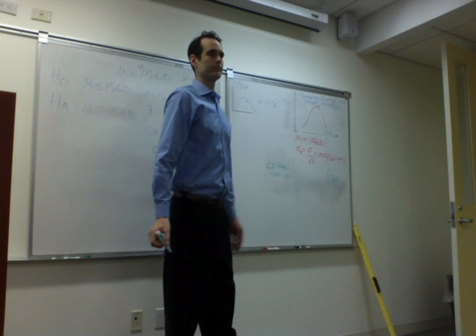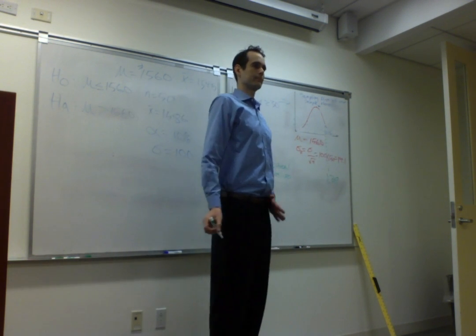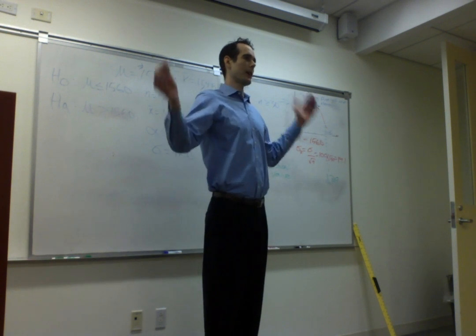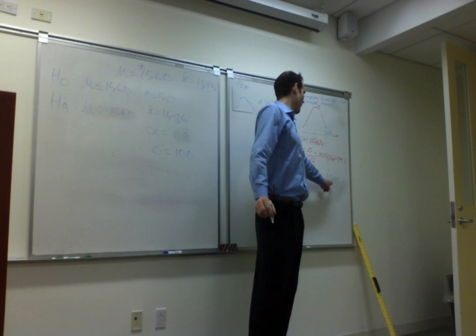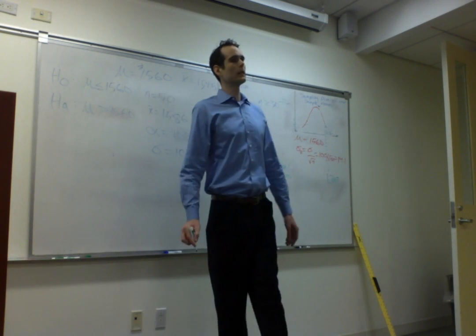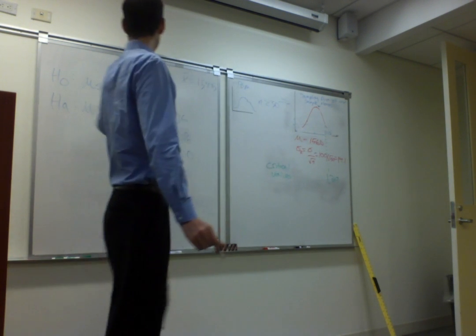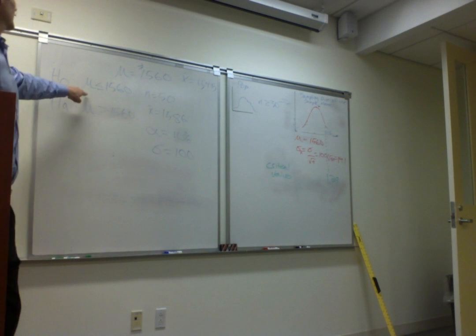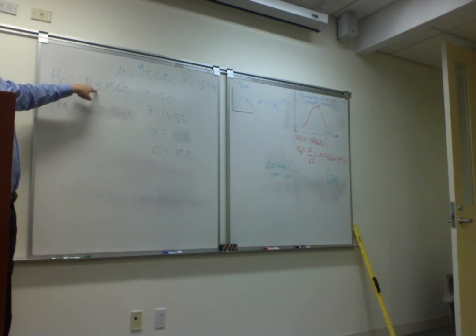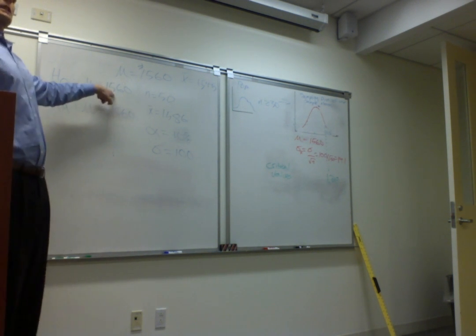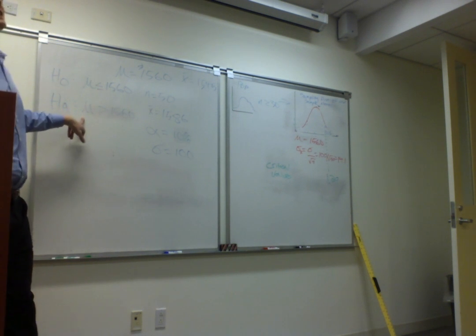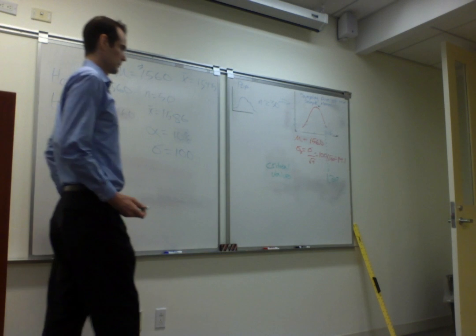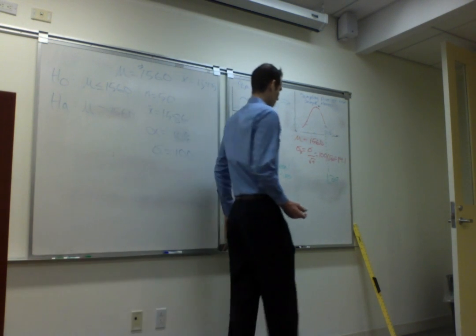Because you wouldn't be able to reject there. I wouldn't be able to say the realtor's wrong. I need a z-score above 1.29 in order for me to reject the null hypothesis that the mean is less than or equal to 1560, and accept the alternative that the mean is higher than that. 1.29.